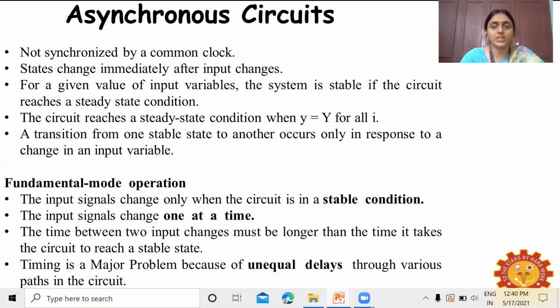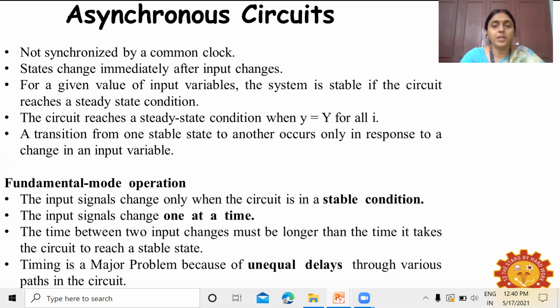The circuit reaches a steady state condition when y is equal to the overall signal, referred to as capital Y, for all i. The transition from one stable state to another occurs only in response to a change in the input variable.